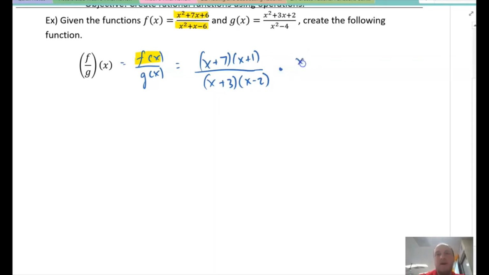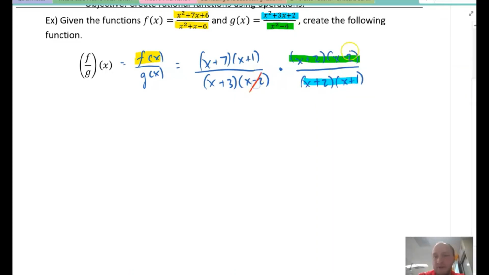Okay, so we have x plus 2, x minus 2, over x plus 2, x plus 1. Okay, and I'm going to highlight just to help you kind of track that, right? The divisor is now, or the denominator is now the numerator, and our numerator is now our denominator. Okay, so I can go ahead, I can reduce top and bottom now.